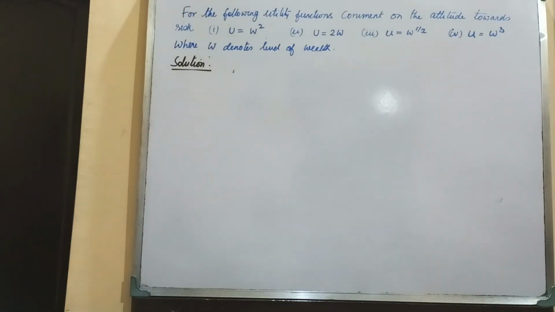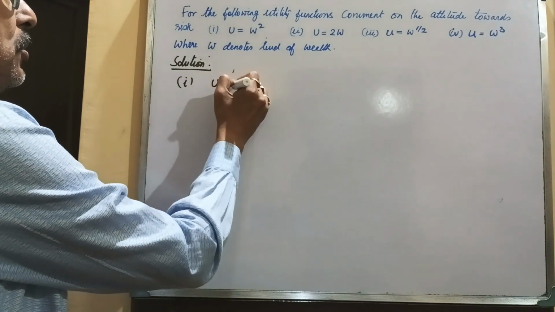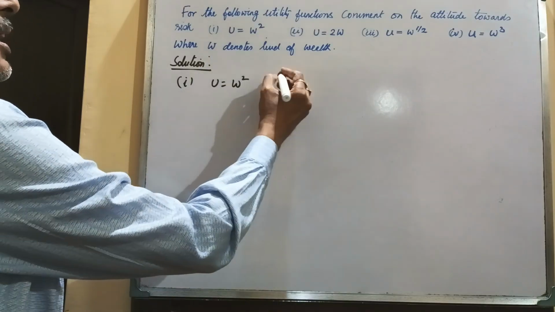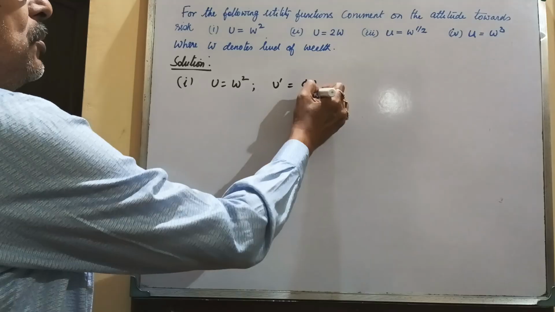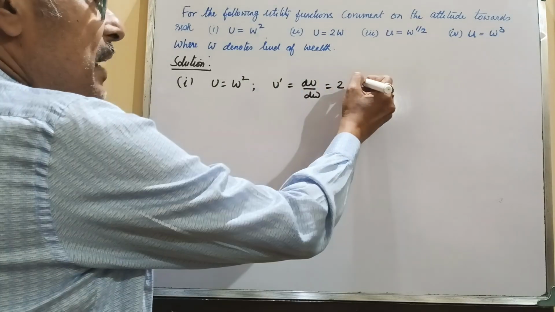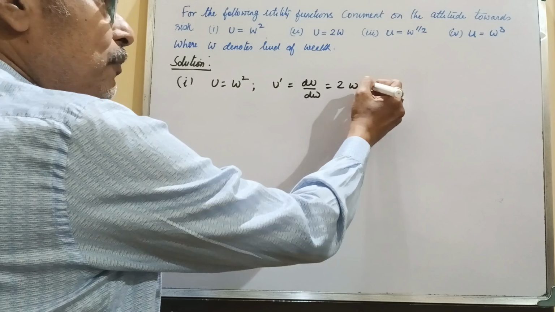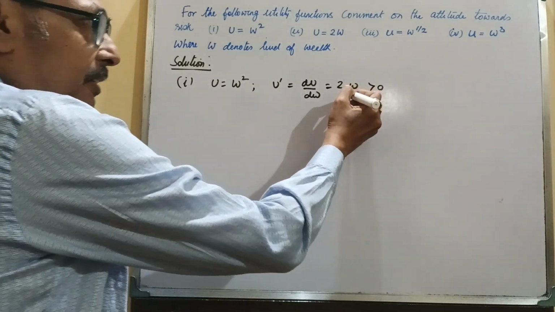Now we do the first part. Number 1, u equals w square. Now u prime, that is du/dw, if we differentiate, 2 comes here, w to the power 2 minus 1, therefore 2w to the power 1. This is positive since w is wealth.